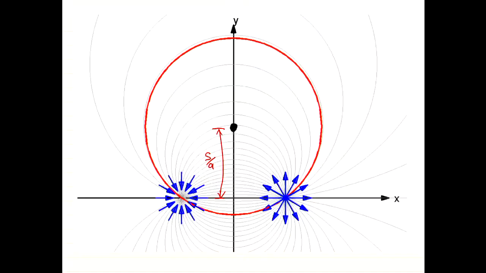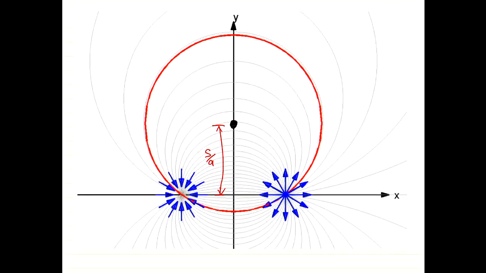And your radius of this circle is going to be square root of S squared, plus S squared times bracket 1 plus 1 over A squared.